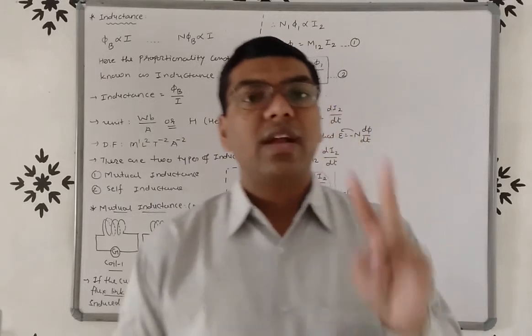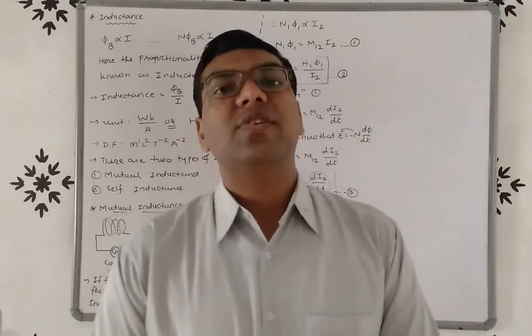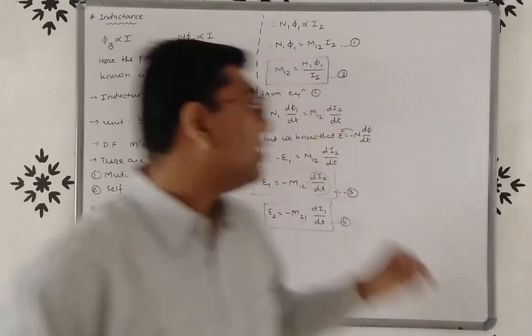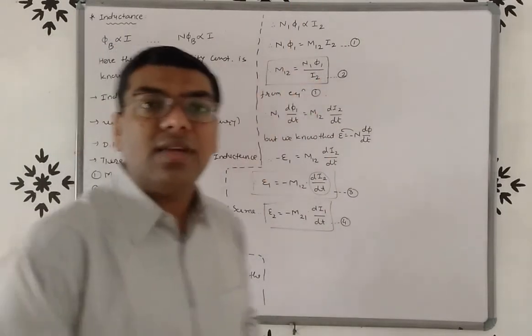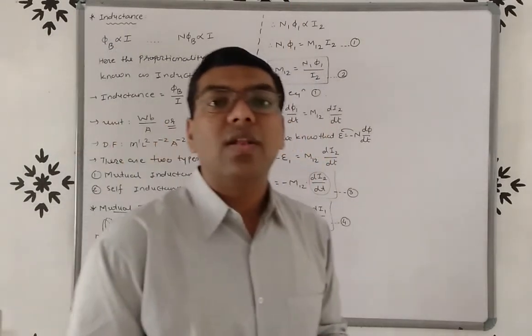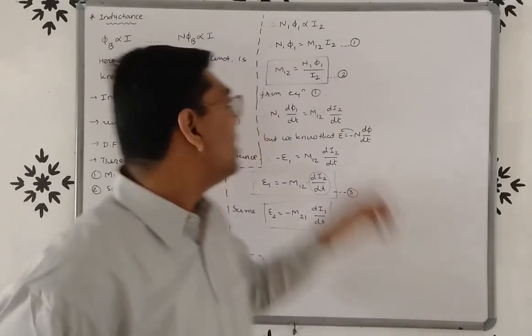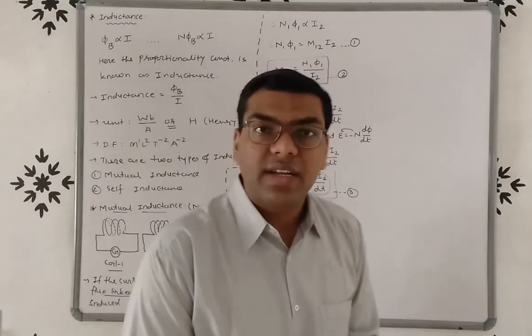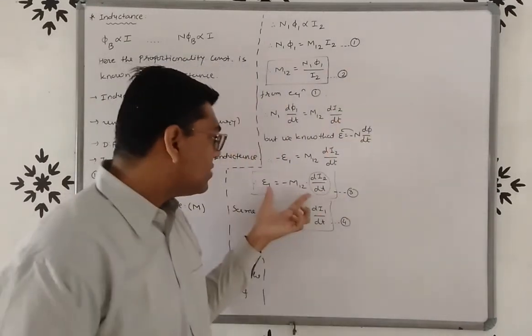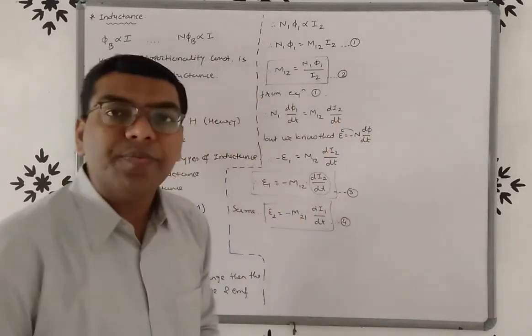So there are 2 definitions of the mutual inductance. The first definition we can write from equation number 2: the flux linked with one coil of the 2 coils per unit current in the other coil is known as mutual inductance. And the second definition is from equation number 3.